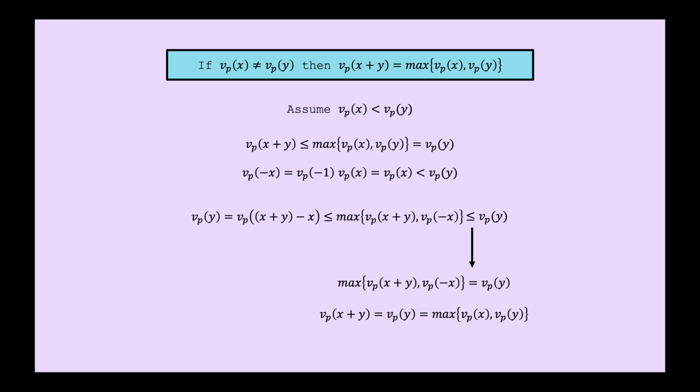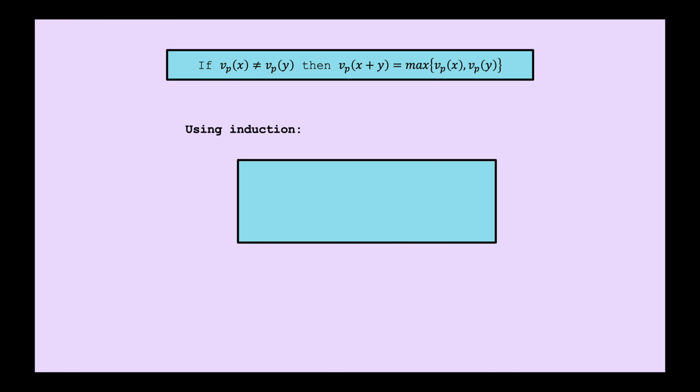It turns out, with an induction argument, this can be generalized to say that if vp of a is strictly greater than vp of bi, the p-adic valuation of the sum b1 plus b2 plus so on plus a is equal to vp of a. In other words, the valuation of a sum just takes the maximum valuation of a number in the sum, as long as that maximum is unique.